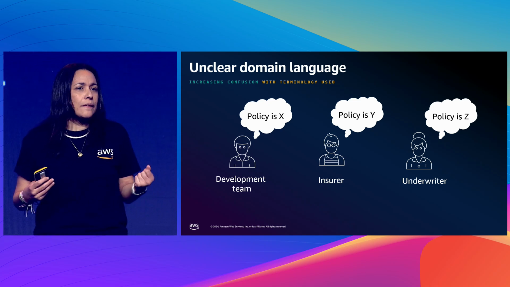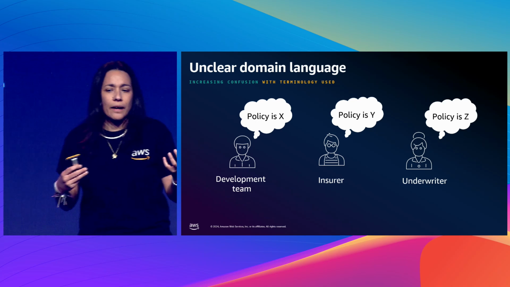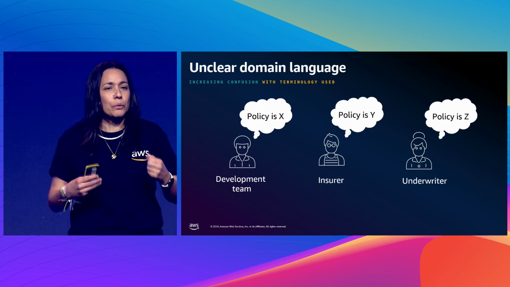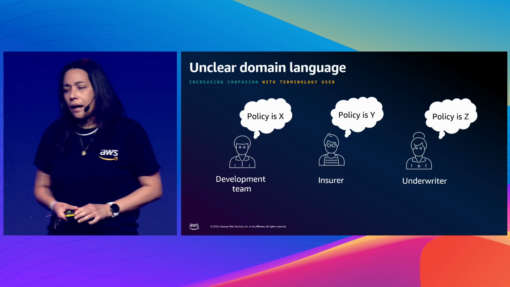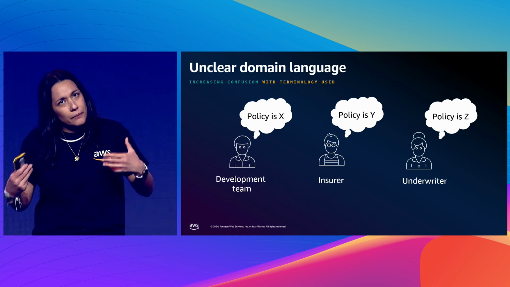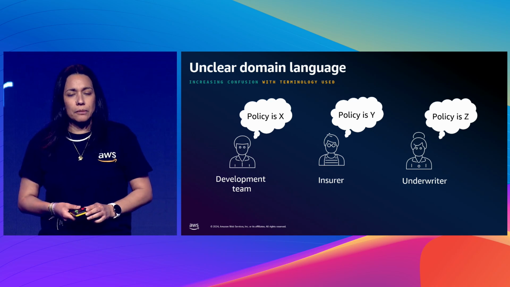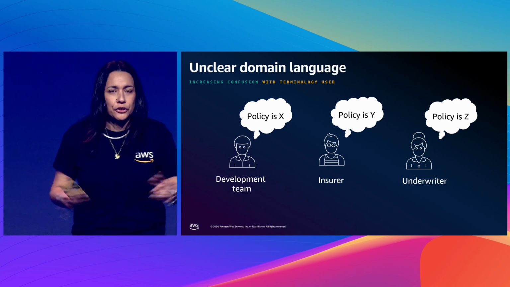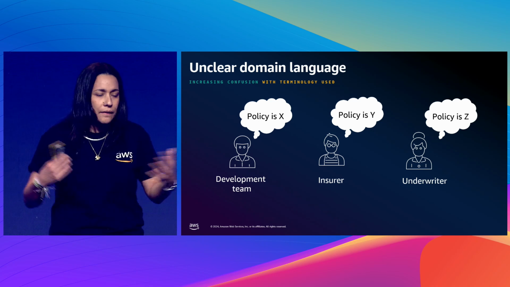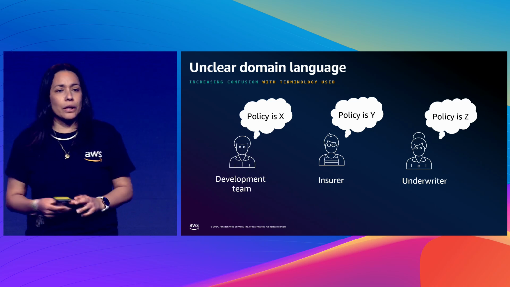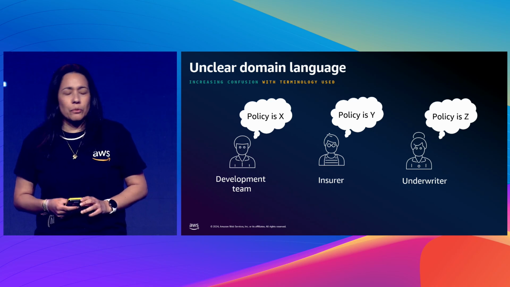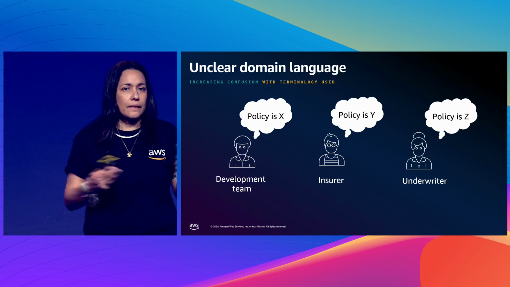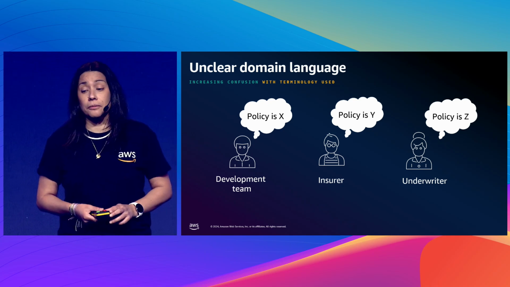What it really means is that across the organization, we start having different understandings of what we thought was the same thing. If we take the example of an insurance company, the definition of the policy, for example: we as the development team think we know what the policy is, and we say, well, the policy is this and that, and it belongs to a user.